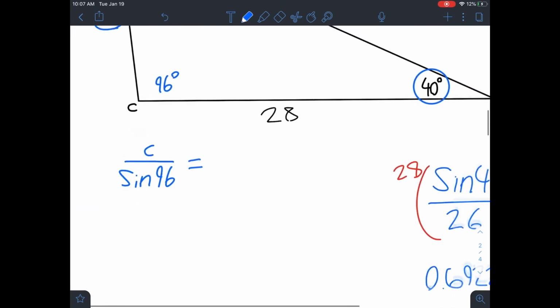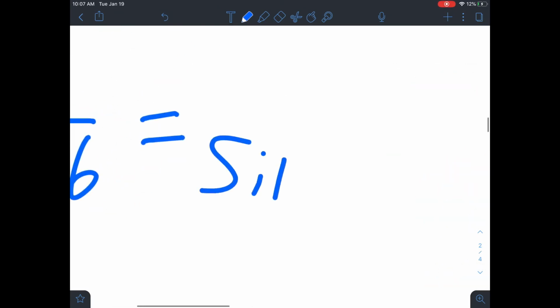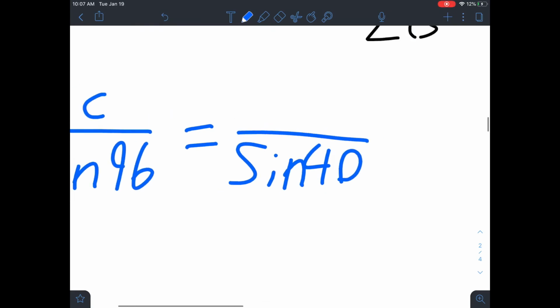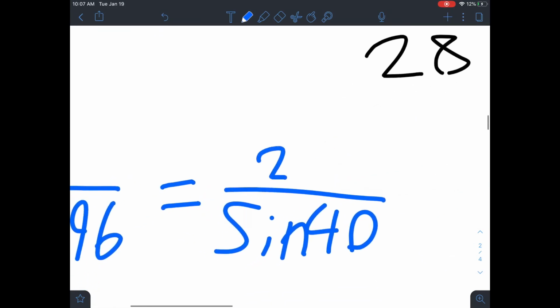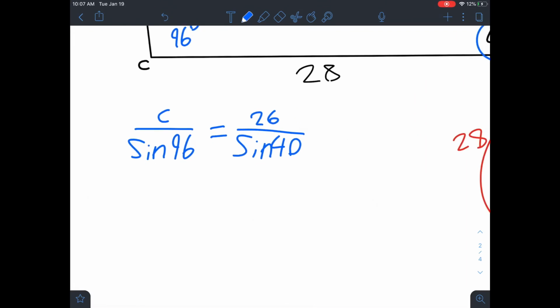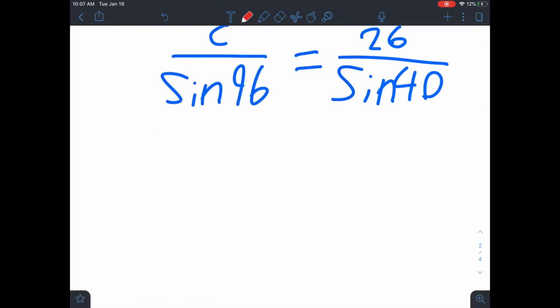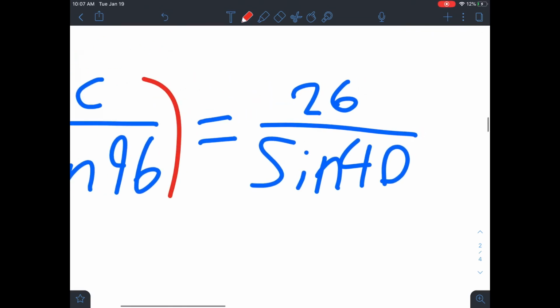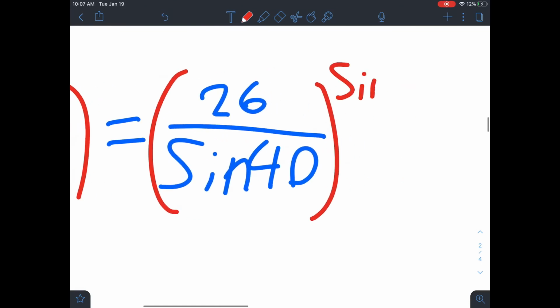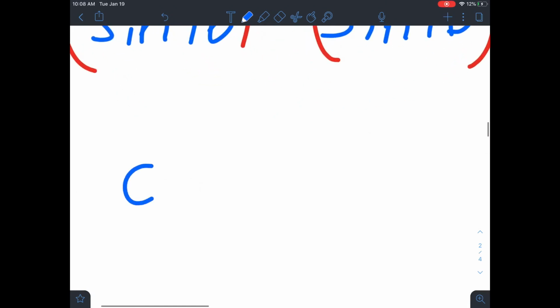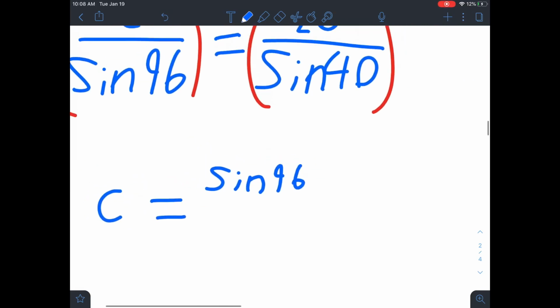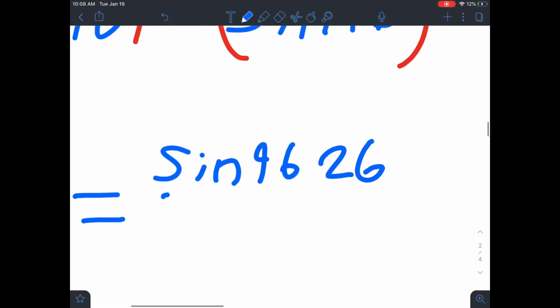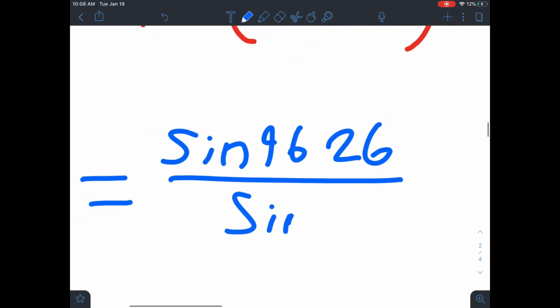And then this c equals sine 40 over, and now we have b already, so we can do 26. And again, we have to get the c alone, so you multiply out sine 96 on both sides. Now we get c equals sine 96 multiplied by 26 over sine 40.